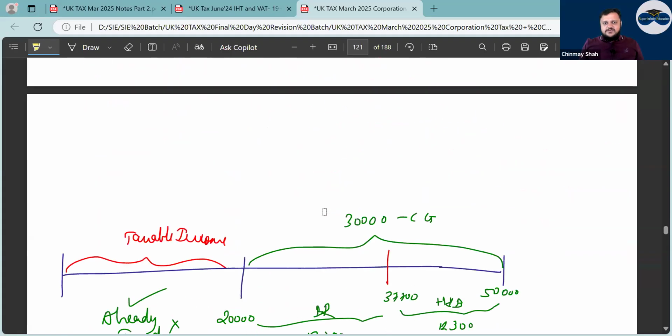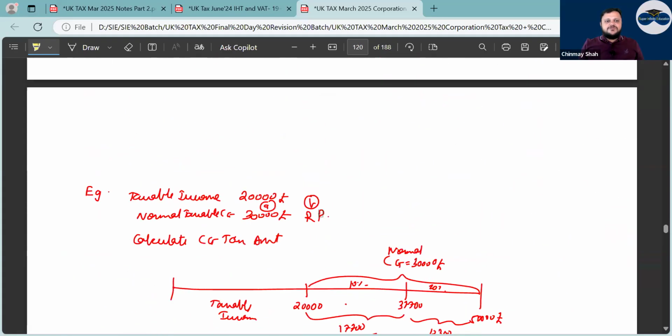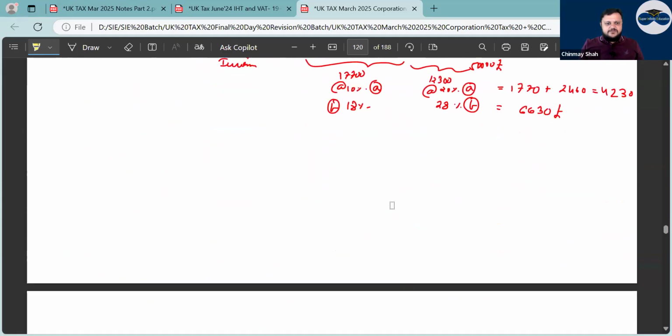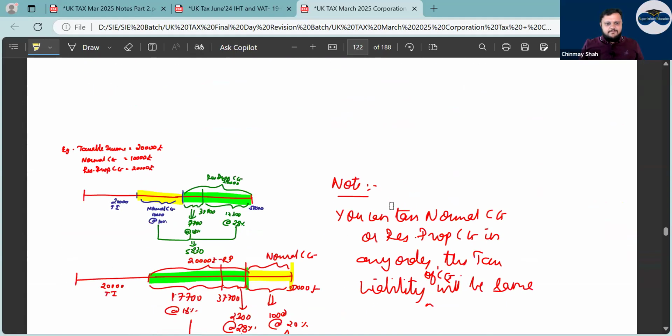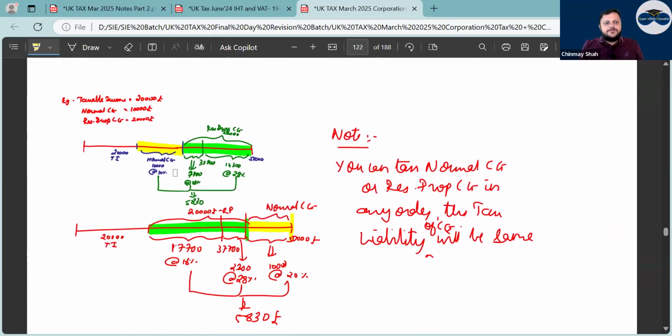Then taxable income, when there are both things, let's say you have normal CG as well as residential property, what should you tax first? Tell me. Now see, you have total taxable income, normal CG, and also residential.